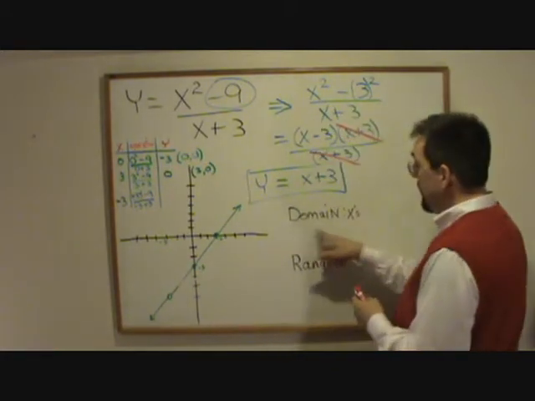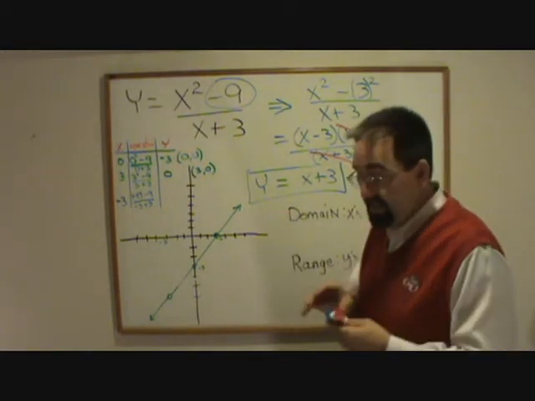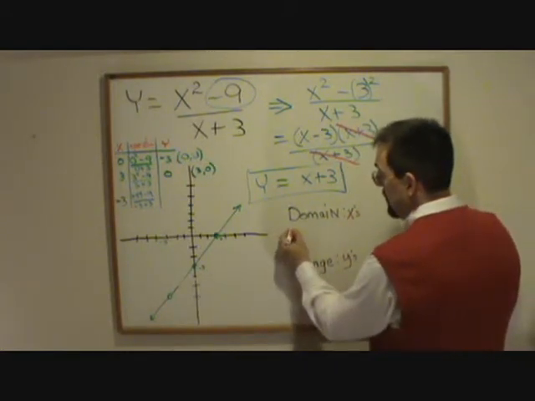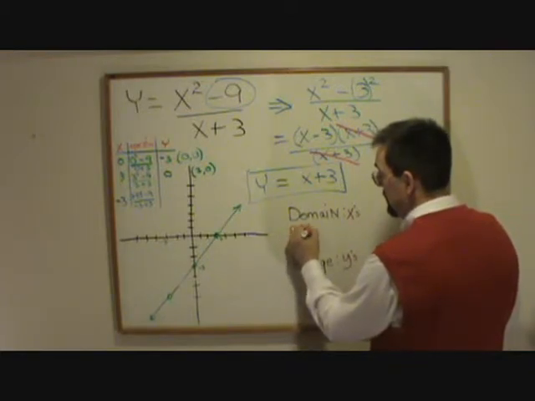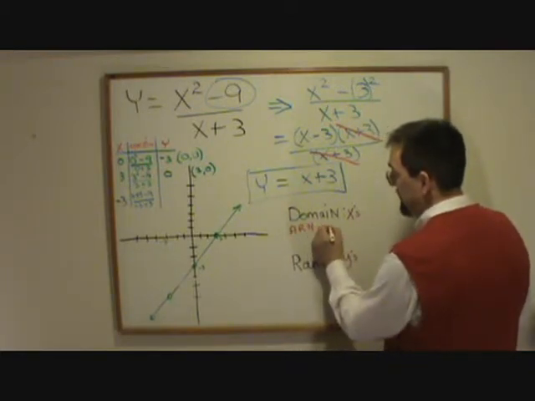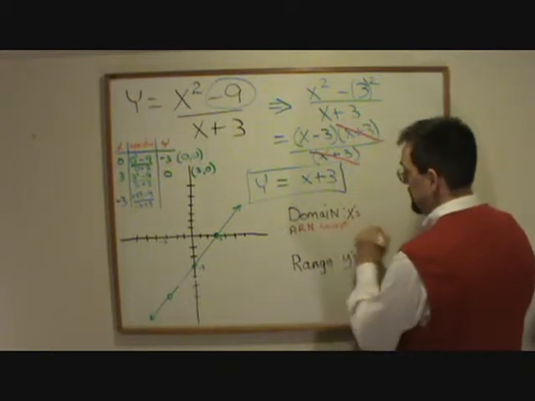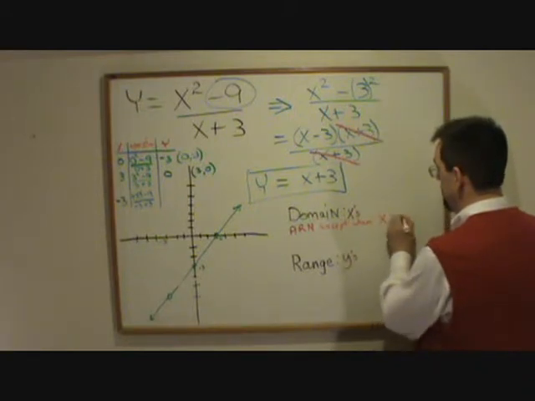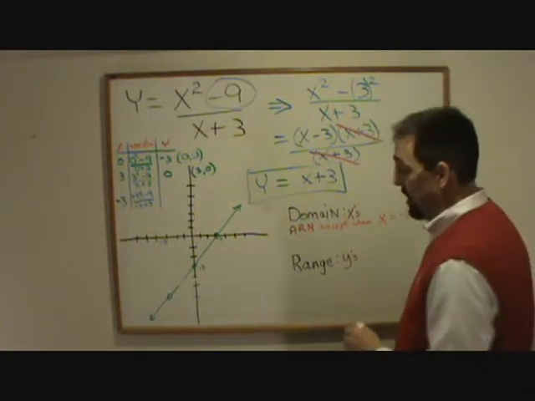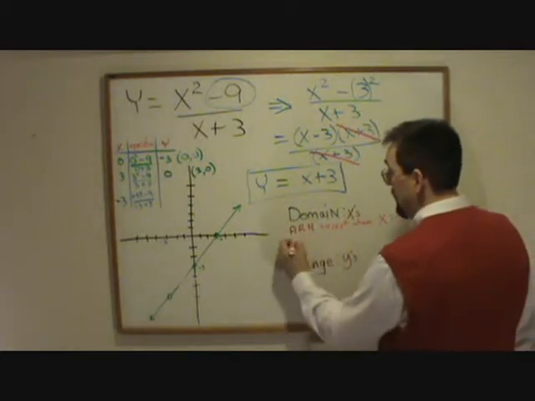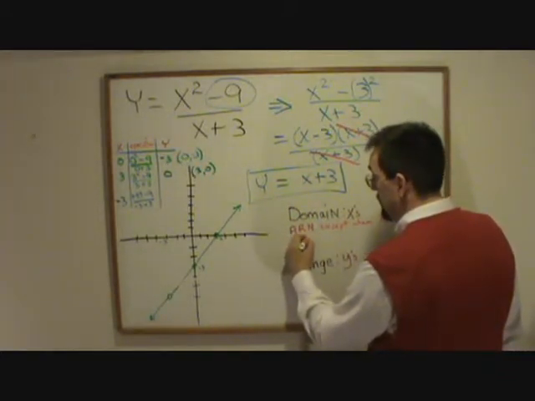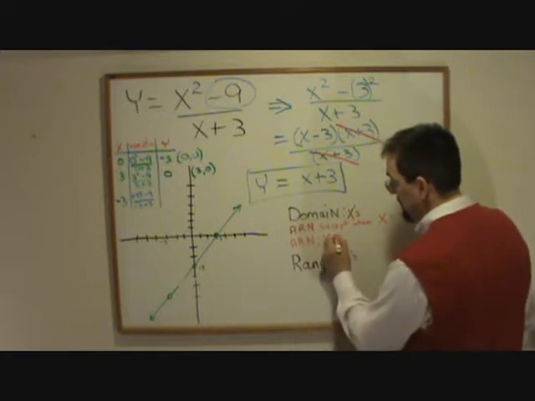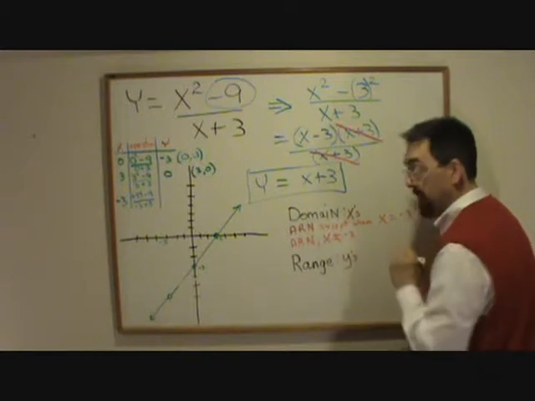Okay, so now I'm going to, in easy terms, write our answer out and say: all real numbers except when x equals minus 3, or we can say all real numbers, x cannot equal minus 3.